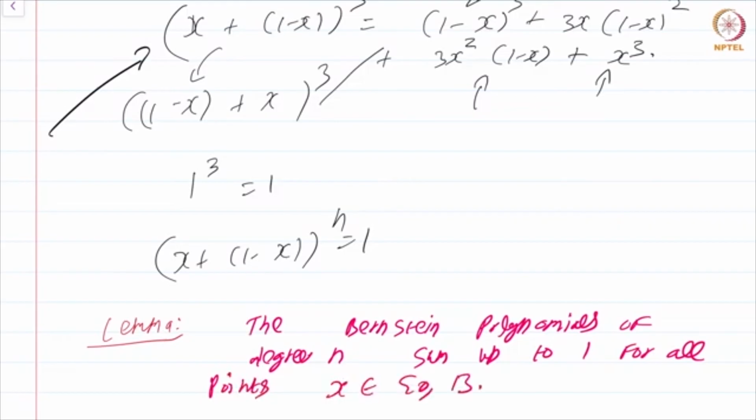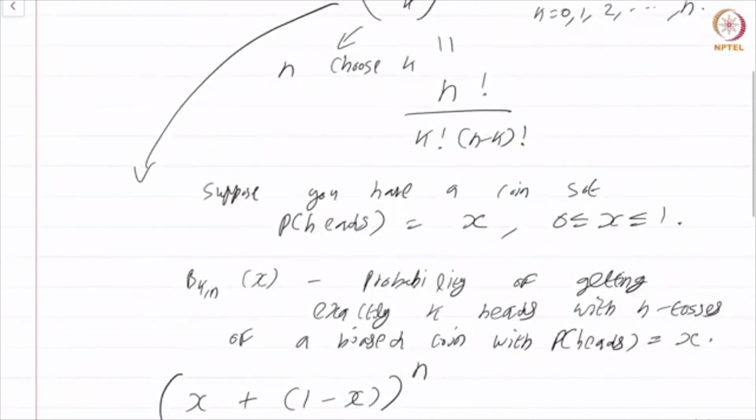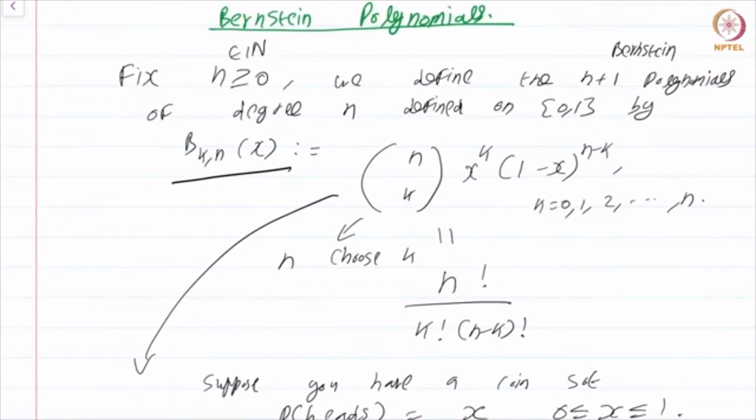Now again, going back to this probabilistic interpretation, bkn(x) is the probability that you get k heads when you do n tosses with a biased coin with probability of heads being x. This result is obvious because when you toss a biased coin n times, either you're going to get 0 heads, or 1 head, or 2, or ... n heads.